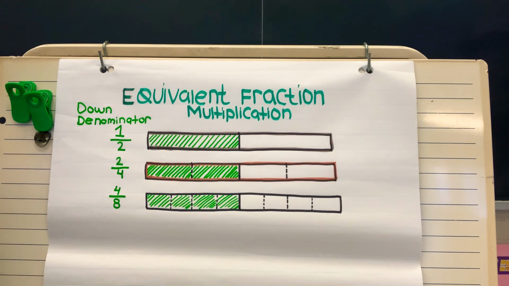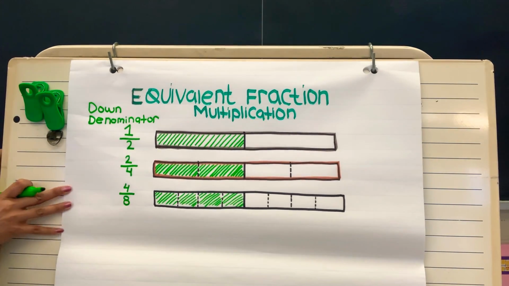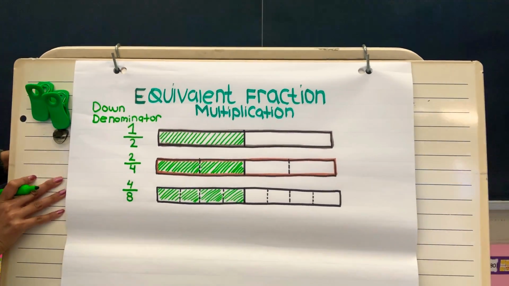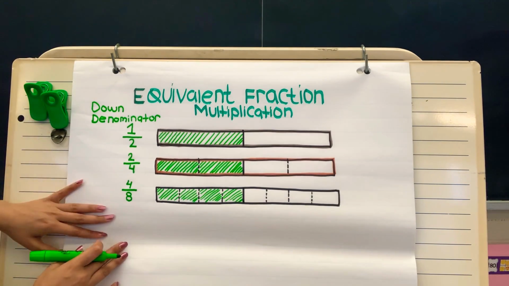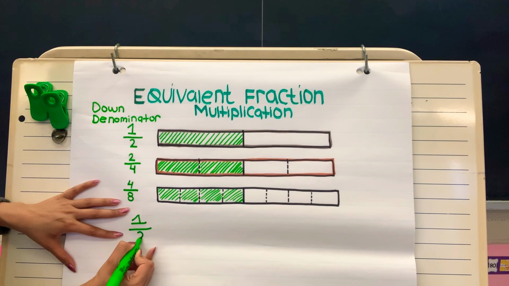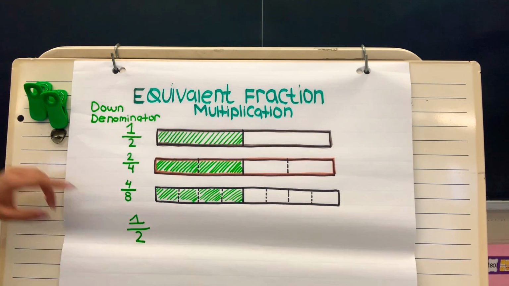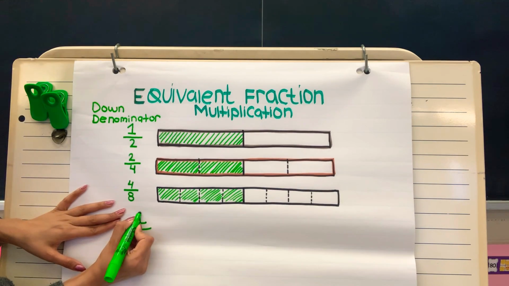Now we are going to find out how that is possible. Let's quickly look at 1/2, right? My 1 looks a bit weird, but that's okay. It's 1.